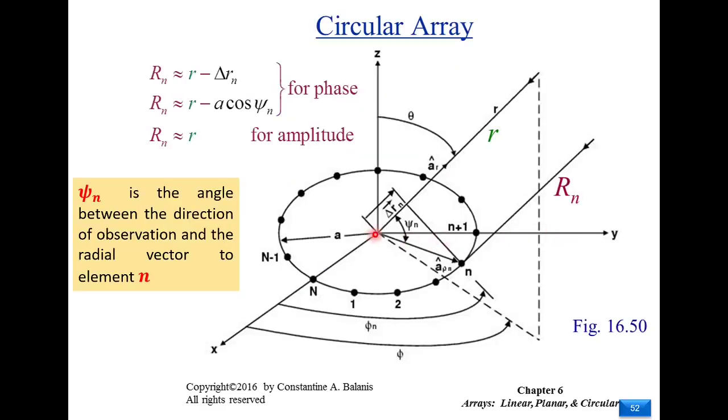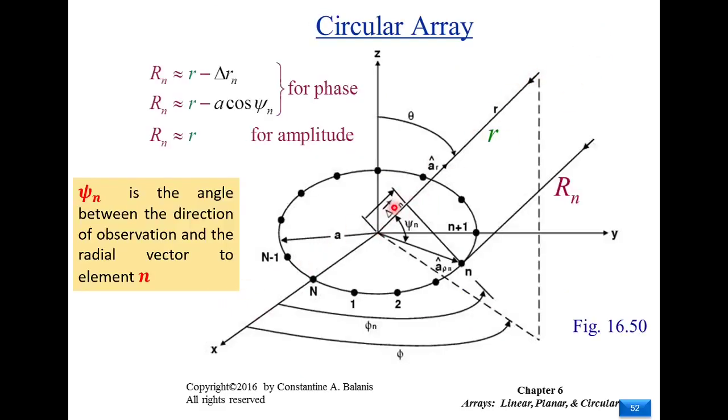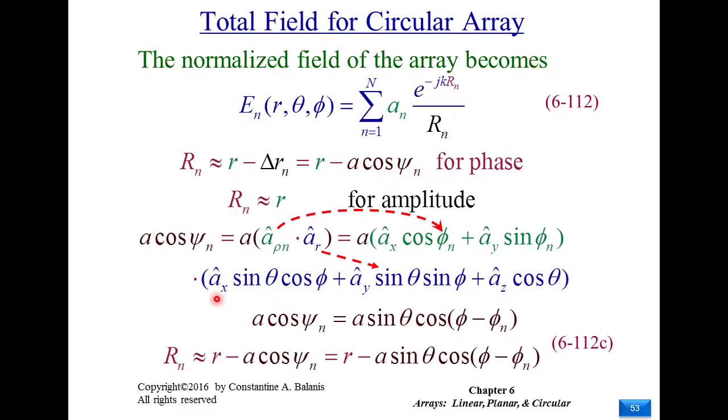This is the expression for a rho n, this unit vector, and a R, which is the unit vector along the direction of observation. Like we did this a couple of times in microwave engineering as well as in this antenna course, just write it down, do the dot product, and you will find the expression for cosine psi n, which has this expression.